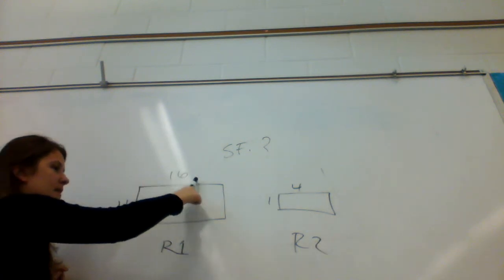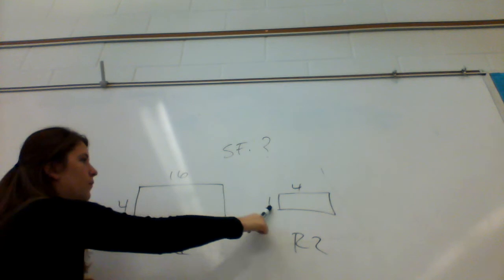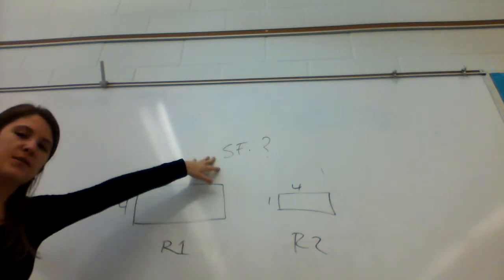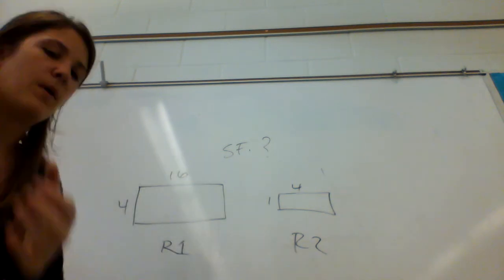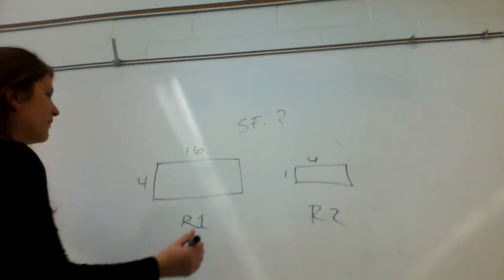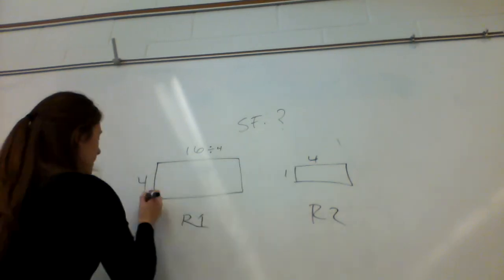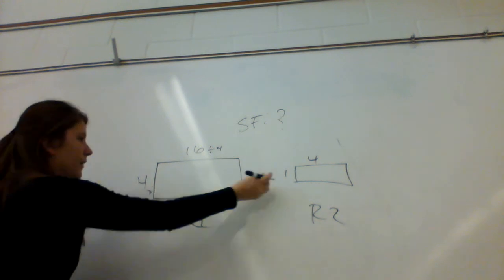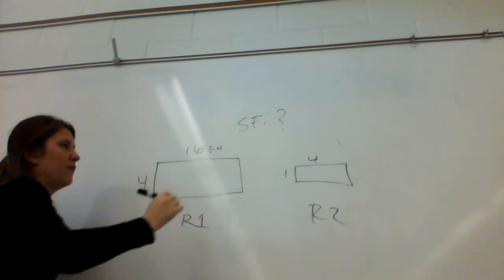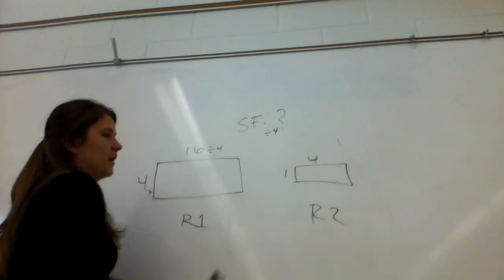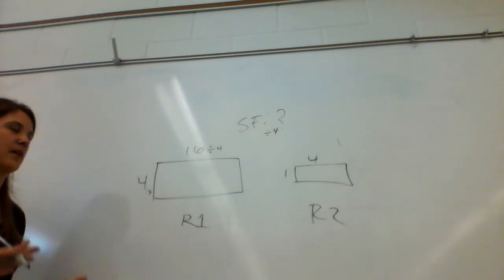I go from 16 to 4 and 4 to 1. Well, scale factor is similar to constant of proportionality in the way that we can probably identify that this is divided by 4. 16 divided by 4 is 4. 4 divided by 4 is 1. But I don't have a scale factor of divided by 4. My scale factor has to just be a number.